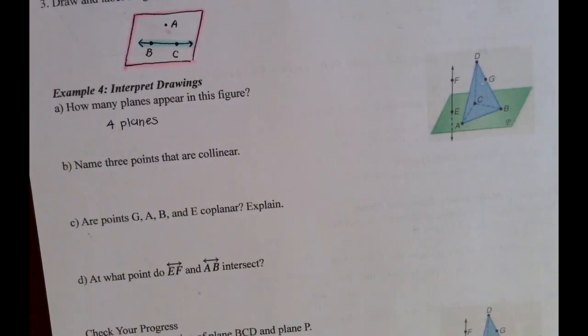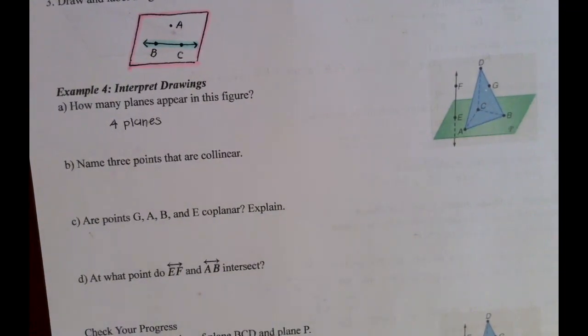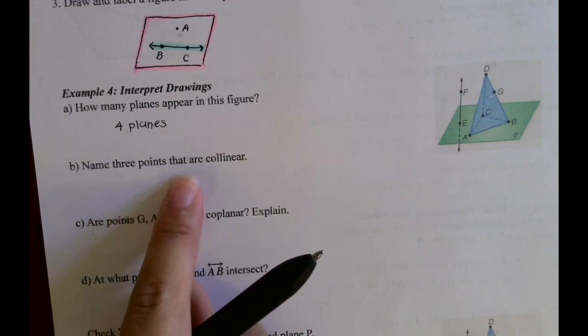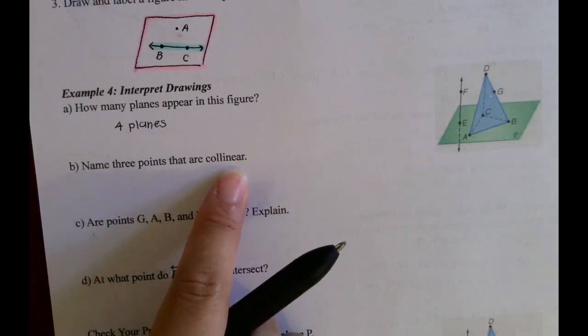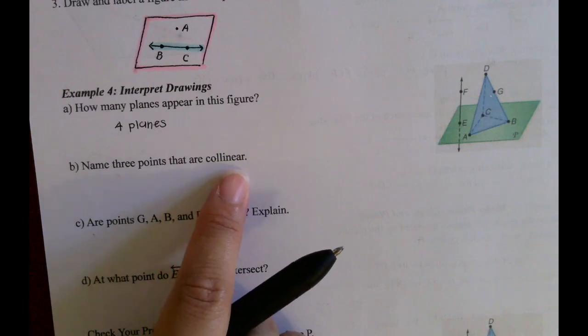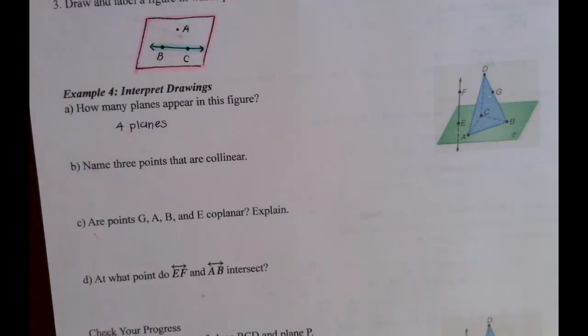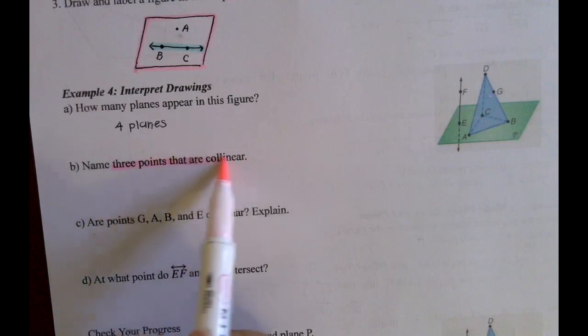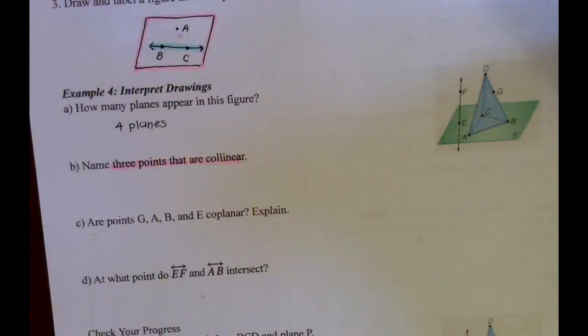If you look at your book, it also names each of these 4 planes, but since it didn't ask us, I'm not going to do that. The next one asks us to name 3 points that are collinear. So I want to look for a line that has 3 points on it, and then name them.